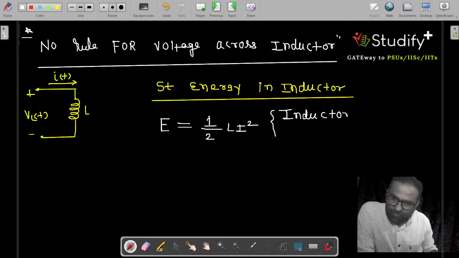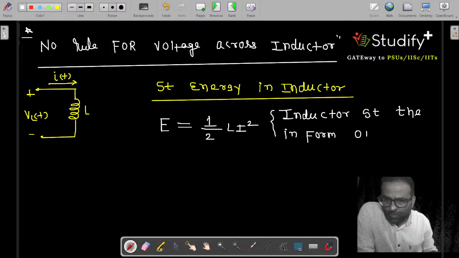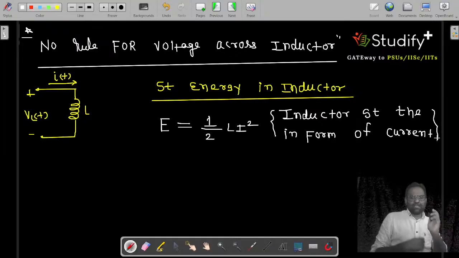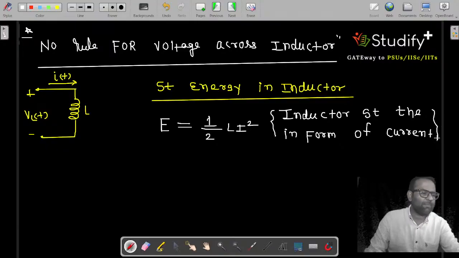The inductor stores the energy in the form of current. If the inductor stores the energy in the form of current, then there can be two cases.